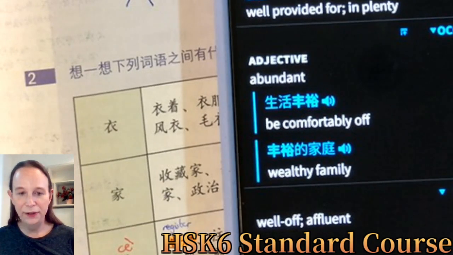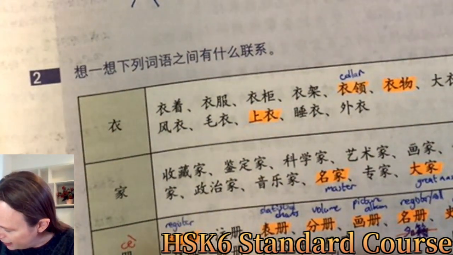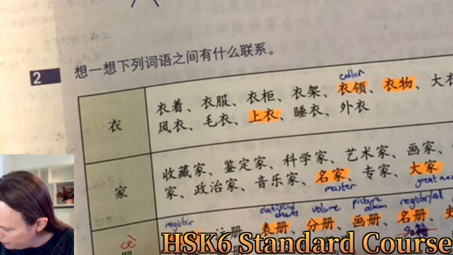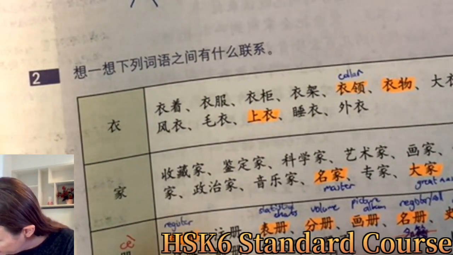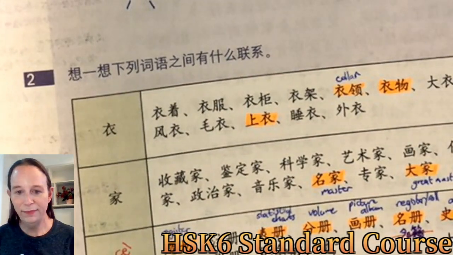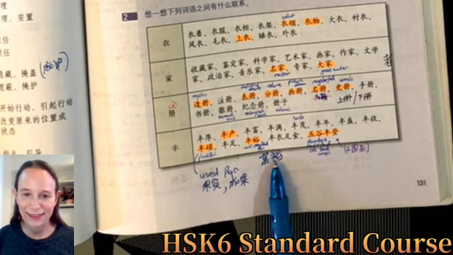Yeah, so 丰裕 and 富裕. I'll make a little note here of 富裕. Oh, sorry. I just wrote 富裕 here.